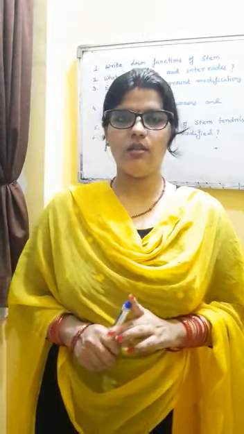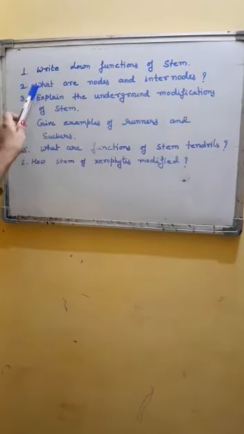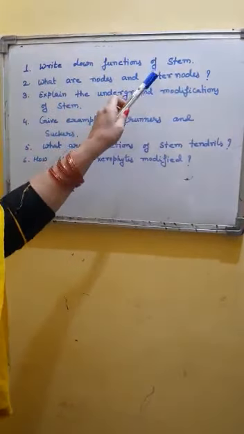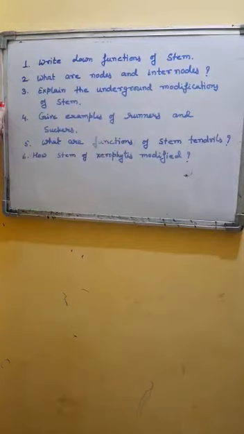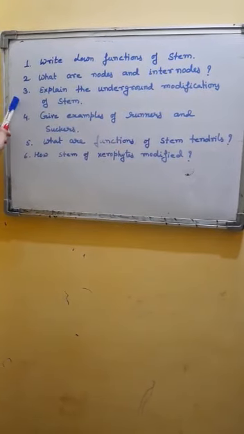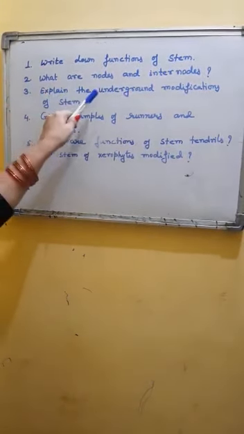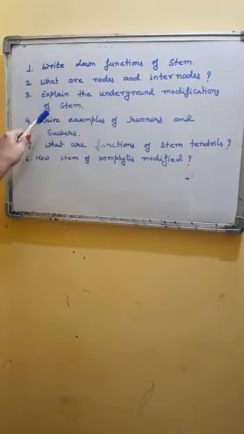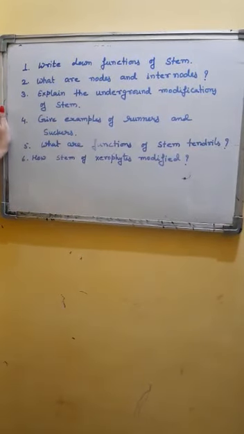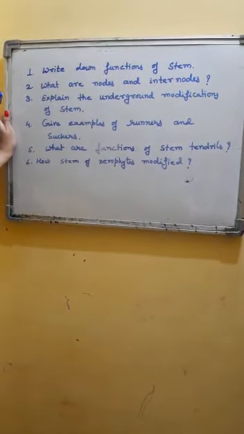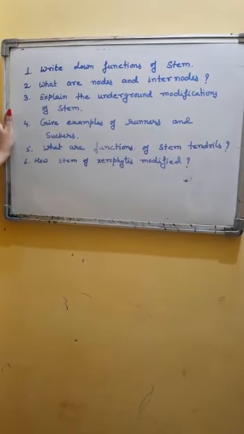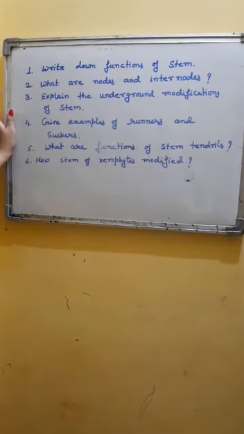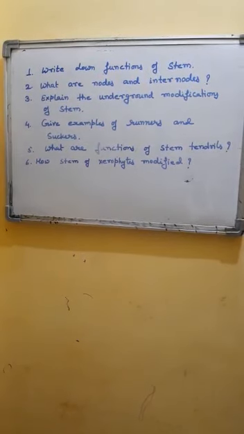Here you will write down the functions performed by a stem. Second question, what are nodes and internodes? You will explain about nodes and internodes. Third question, explain the underground modifications of stem. Here you will write down all the types of underground stem modifications with example and diagram.